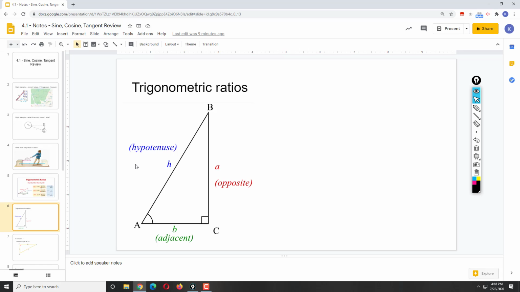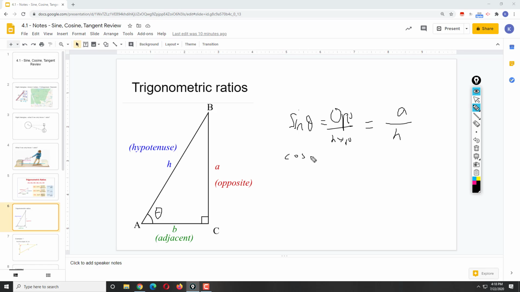So let's look at this triangle. We have an angle. I'm going to call this angle theta. That's a very common name we use. This is a Greek letter. We have two sides, A and B, and the hypotenuse h. Given theta, well, sine theta, sine is opposite over hypotenuse, so it is A over h.